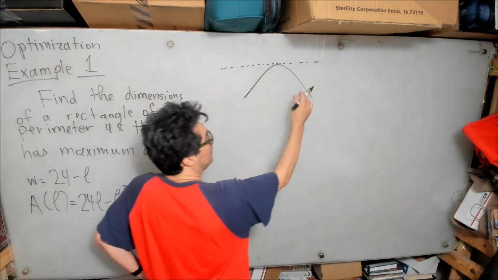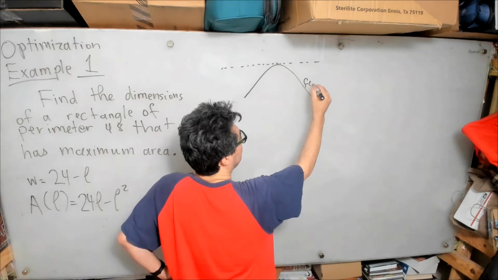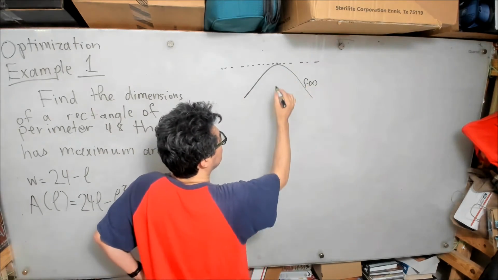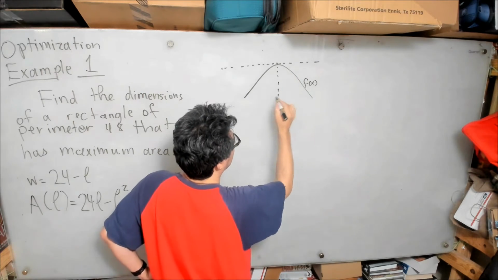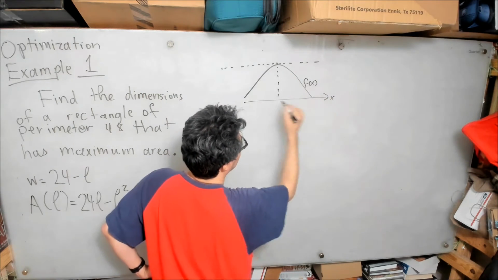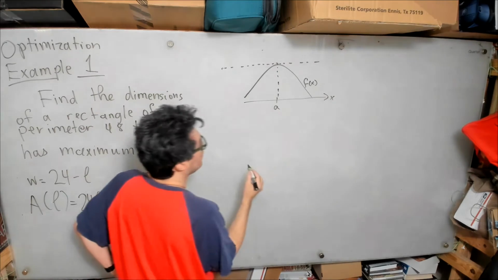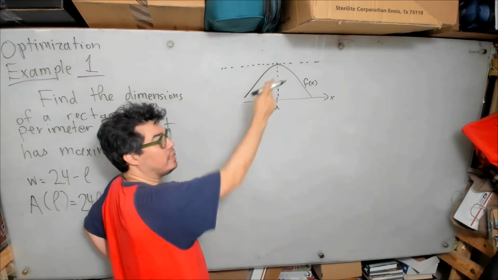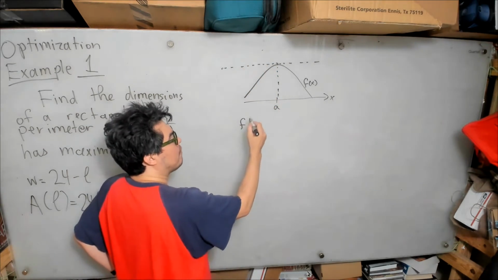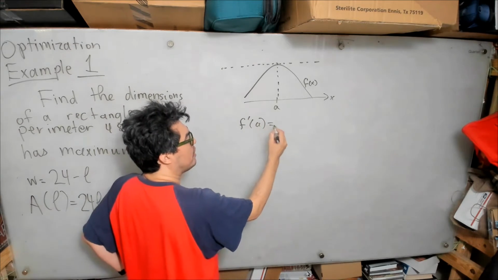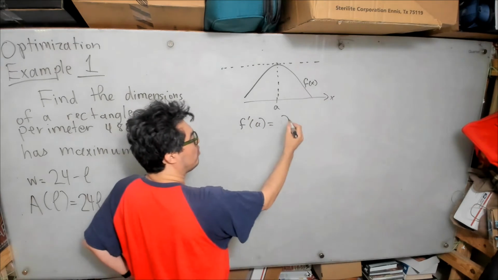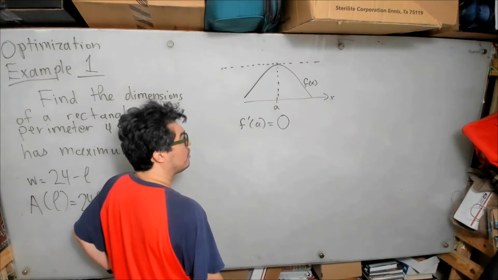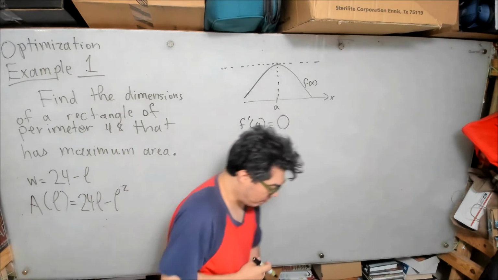Let's say this function is called f of x, and let this be the x-axis. Let's say this point is A. Then the fact that the tangent line is horizontal there means that f prime of A, the slope of the tangent line at that point A, would be 0 to give us the horizontal tangent. And moreover, what I want you to think about for a moment is this.